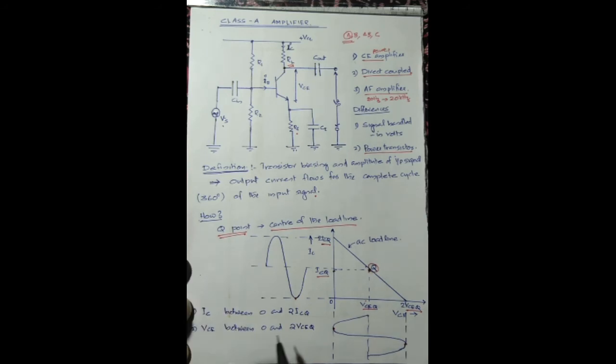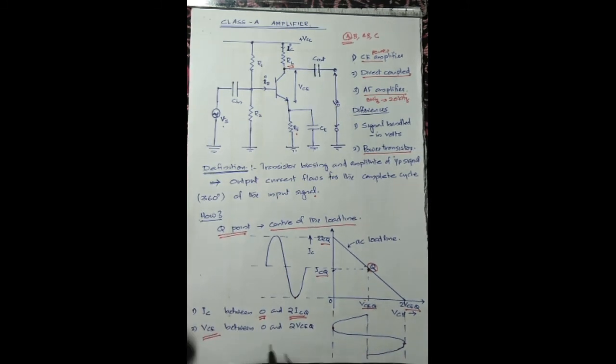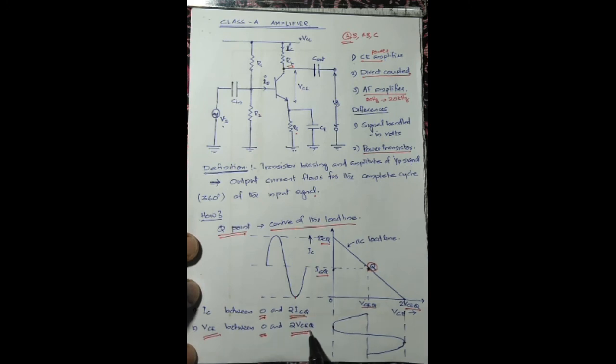This means the collector current can vary between the cutoff value, that is 0, and the saturation value 2 ICQ. And the collector emitter voltage VCE can vary between 0 and a maximum value of 2 VCEQ.